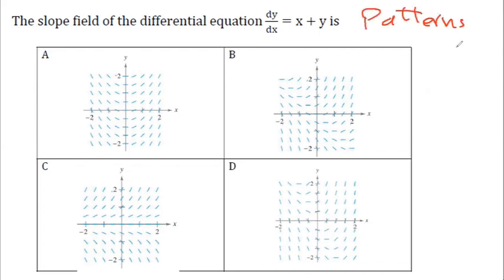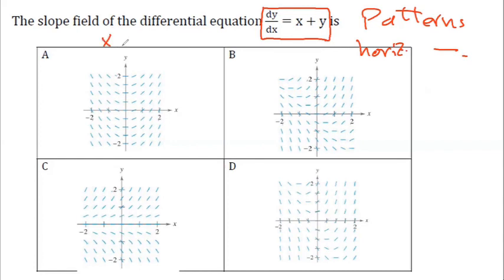The most basic pattern is horizontal lines. Whenever you see horizontal lines, that means that the slope is 0, and the slope is actually what the differential equation gives you. So here, x plus y equals dy dx.